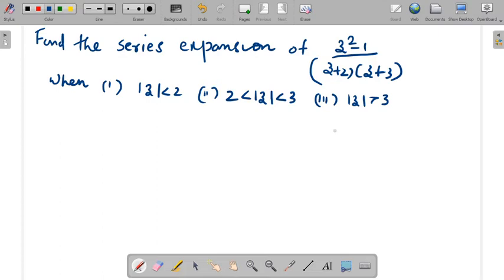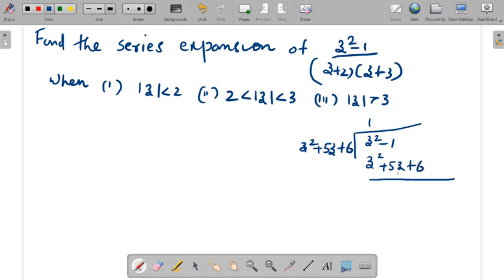So first we are going to divide this z square minus 1 with the denominator z square plus 5z plus 6. So z square will go in z square once and we get z square plus 5z plus 6. On subtraction we get minus 5z minus 7.